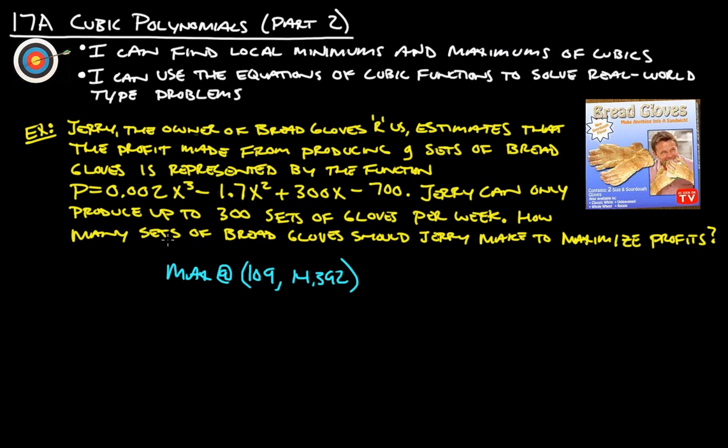Okay, so it says how many sets of bread gloves should Jerry make in order to maximize profit? That is going to be our x-axis, so he needs to make 109 bread gloves. And it didn't ask us, but that means his profit when he makes 109 pair of bread gloves will be 14,392. So apparently we need to get into the bread glove business.